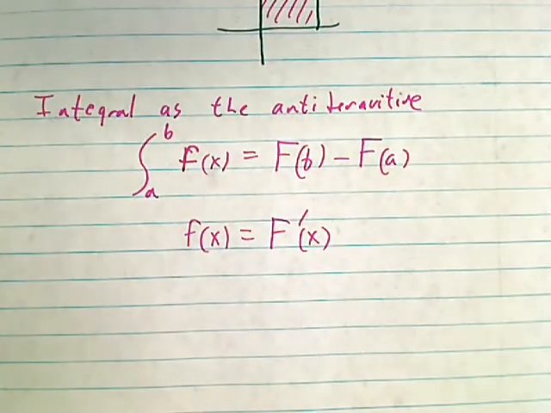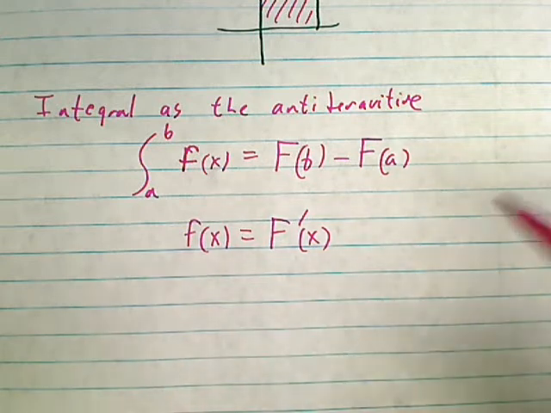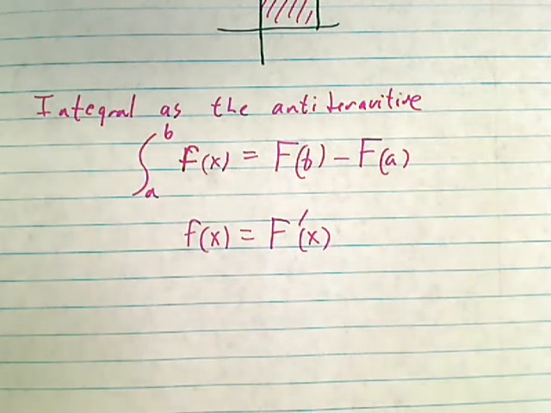So you just have to work backwards, and that will give you the integral. That'll give us a nice little way. We don't need to use triangles or all the different shapes we've been using. This will work on any function that we can find the antiderivative of. For polynomial functions, we just use the opposite of the power rule, and that will take care of all those and some of the other facts we've known as well. So that's actually incredibly powerful. So that is the integral as the antiderivative.